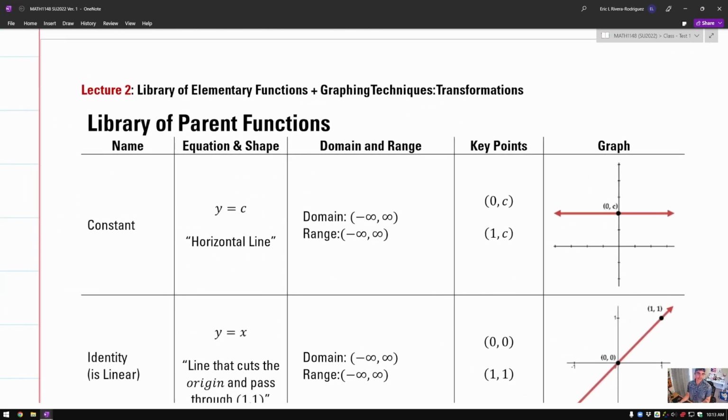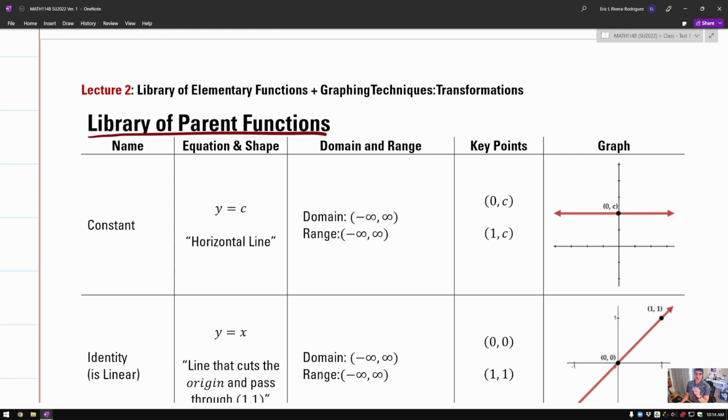If you haven't read it, that's okay. Library of parent functions. It is an important table because I made a table of this that we are going to use across the entire semester. I'm not asking you to memorize every detail of this table.